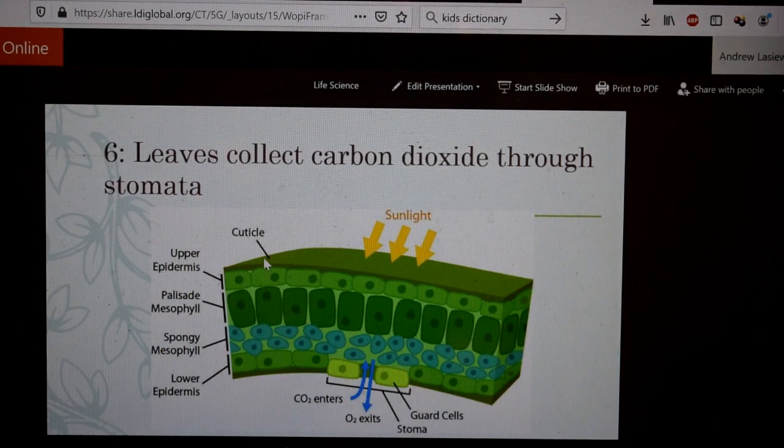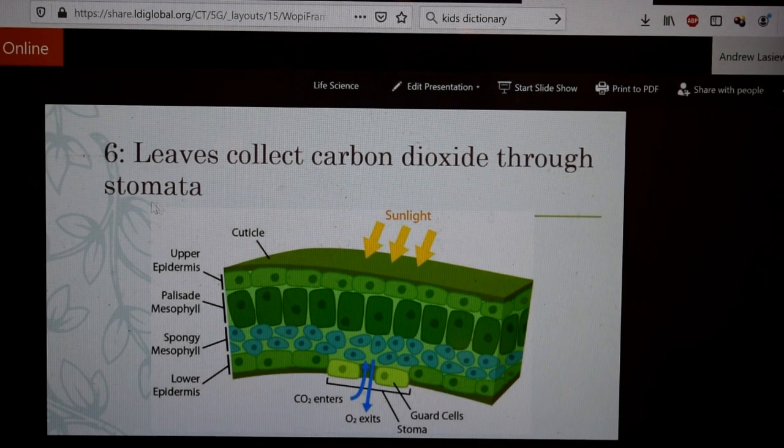The leaves at the same time collect carbon dioxide through the stomata. If you picture your skin, when you sweat, where does the sweat come from? Well, it comes from the pores in your skin. You have little holes in your skin that allow that sweat to go through. In a leaf, there are little holes in the surface, or the skin, of the leaf that breathe in the carbon dioxide.